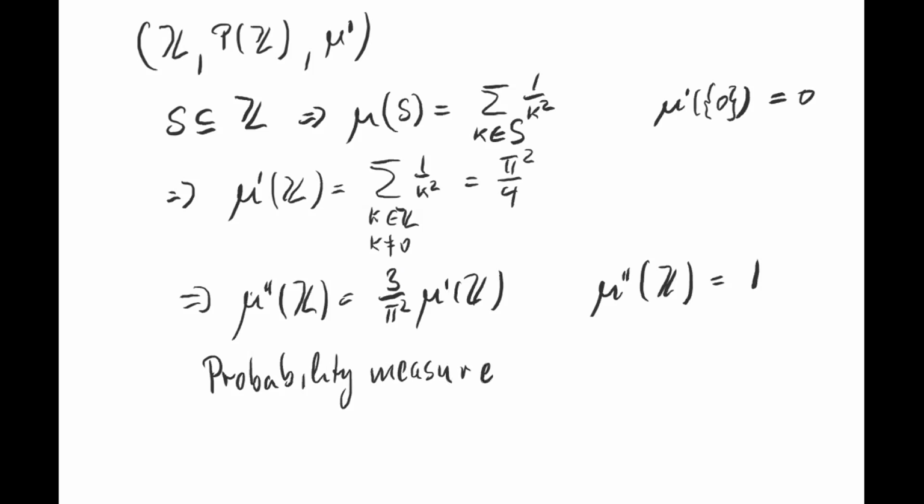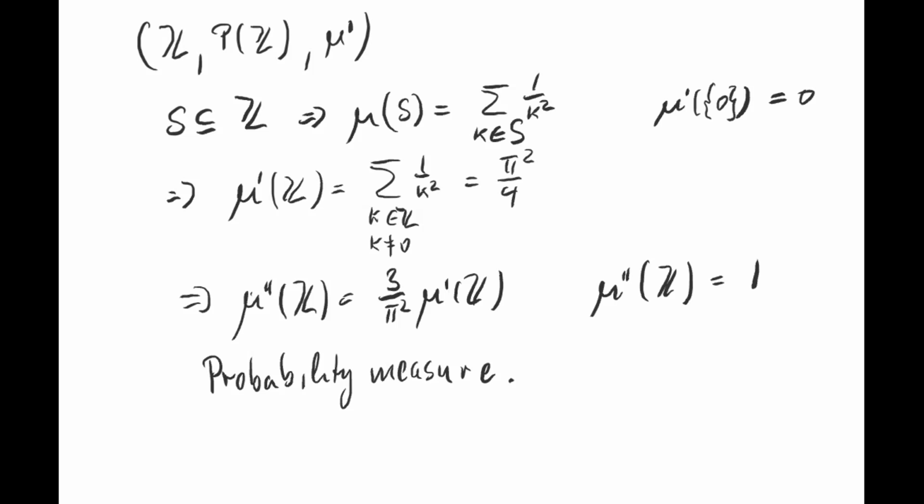So this would be what we call a probability measure. It's like a normalization factor, right? That's a normalization factor. If the entire space has finite measure, you can always do that. If it has infinite measure, you can't necessarily do that.